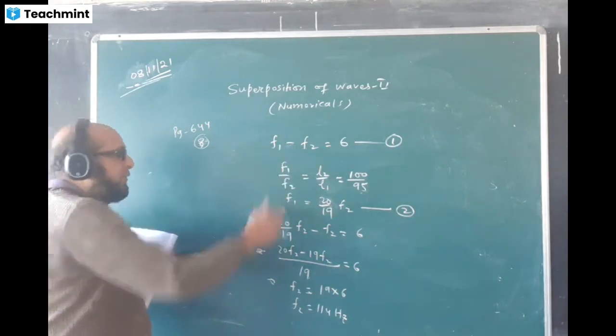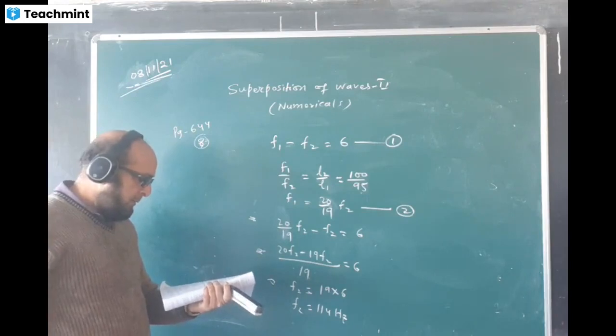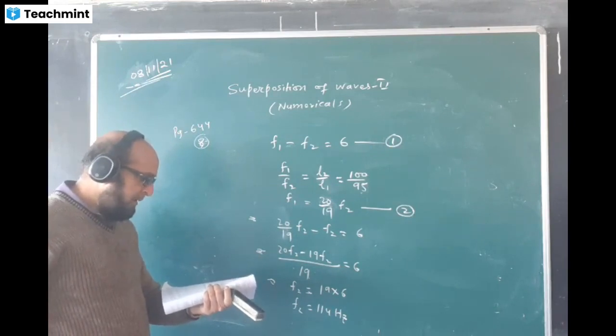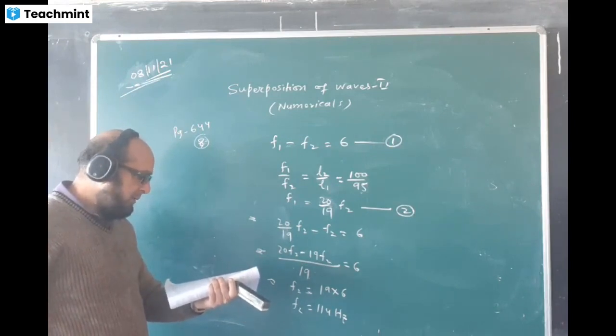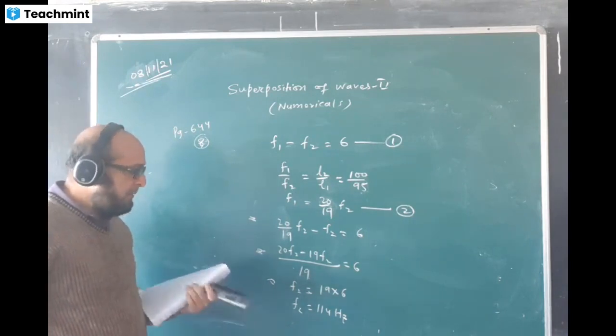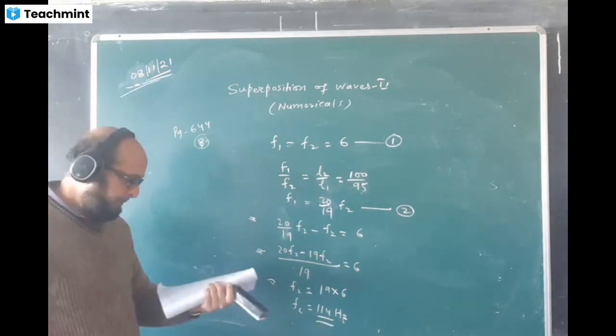F2 is the frequency of the tuning fork, 114 Hertz. But the answer given is 234 Hertz. There is a mistake in it. So the answer should have been 114 Hertz. This is the answer.